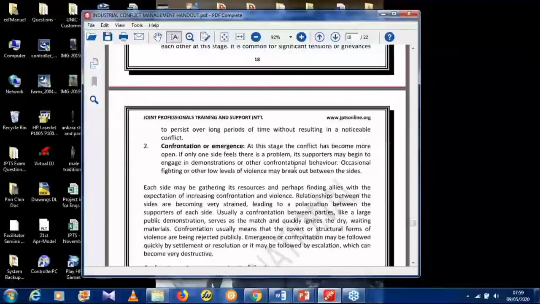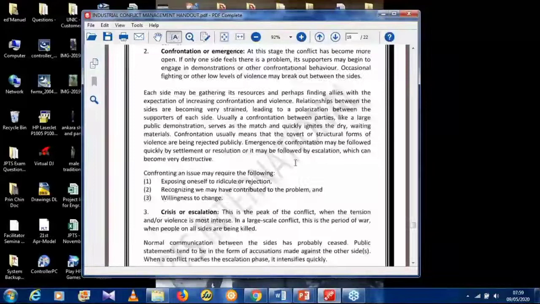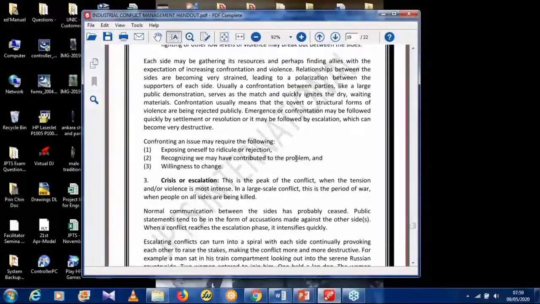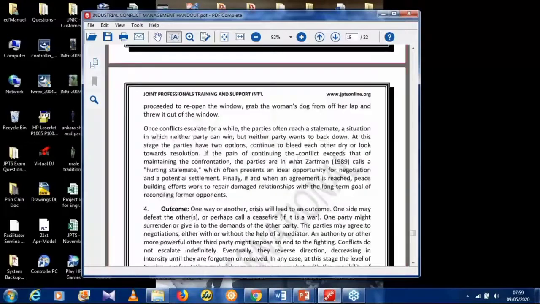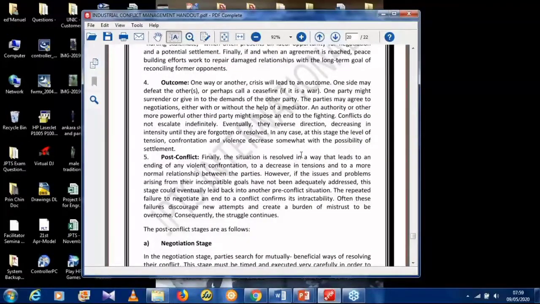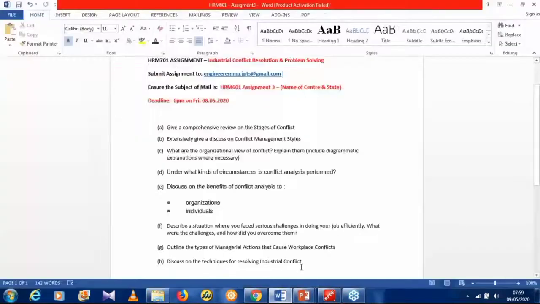So we have confrontation or emergence, then crisis or escalation, then outcome and post-conflict. Post-conflict is finally the situation has been resolved in a way that has not led to any violence or confrontation, and everybody now has a common goal and is at peace with one another.